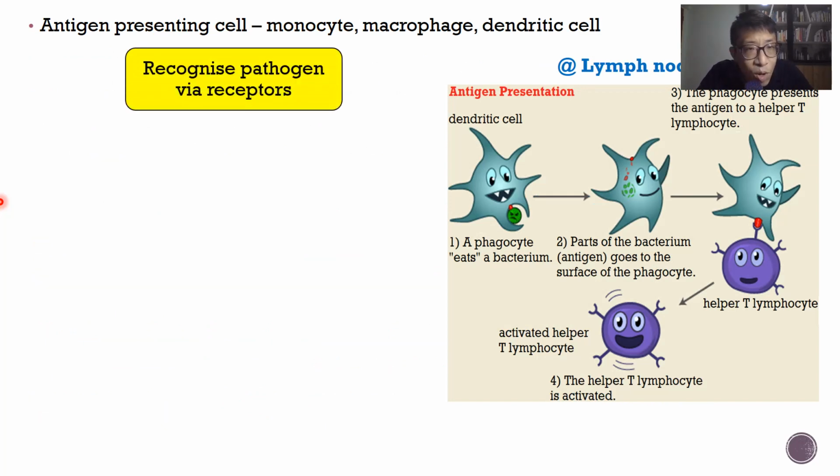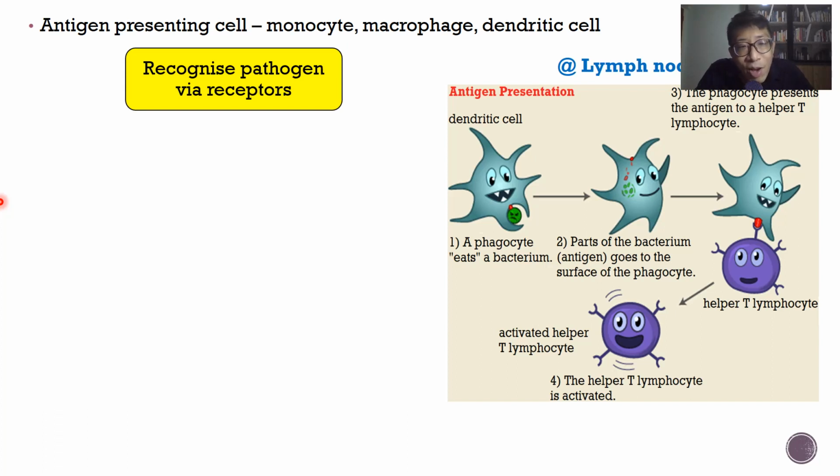They will recognize the pathogen via their receptors. Remember that the monocytes, macrophages, and dendritic cells are cells of the innate immune system. So they do have receptors that recognize broadly the common antigens found on most of the pathogens.